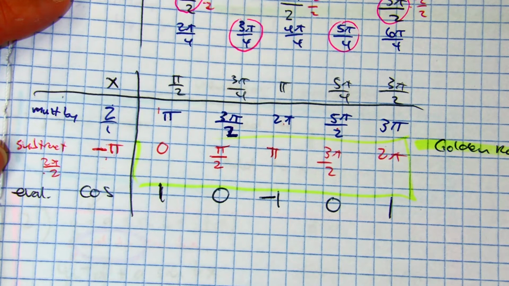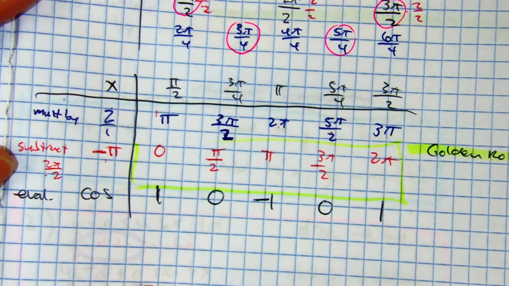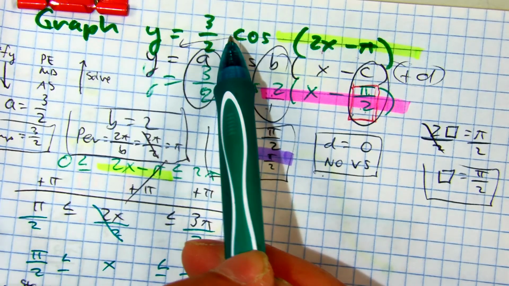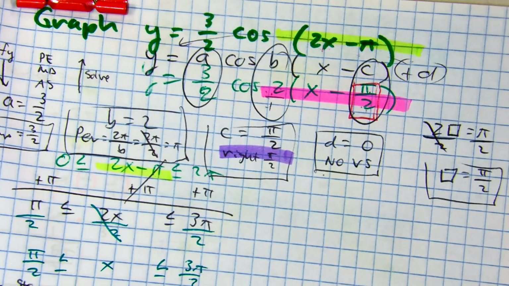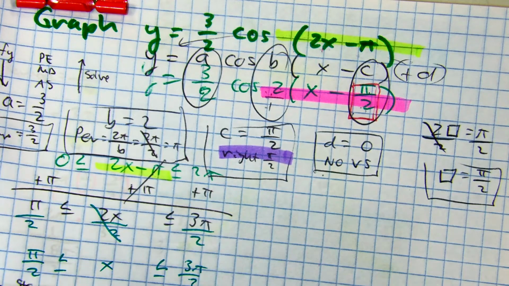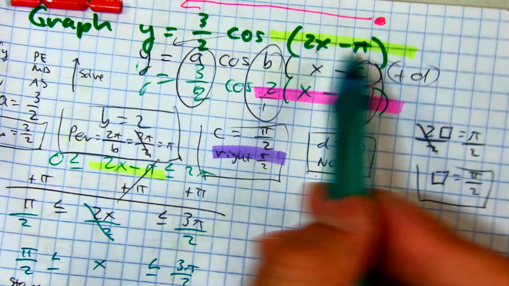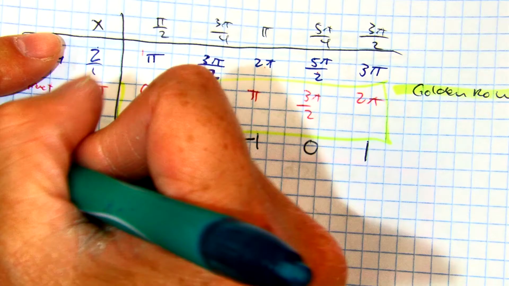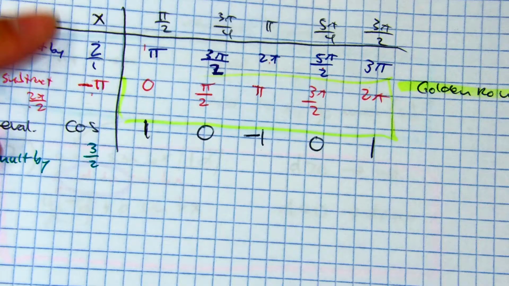Again, you can just go back to the unit circle. And then the last thing we need to do is what? Multiply by 3 halves. So again, to review, we are going from right to left. It's just that in there I had to use order of operations. So multiply by 3 halves. Class, go ahead and multiply.